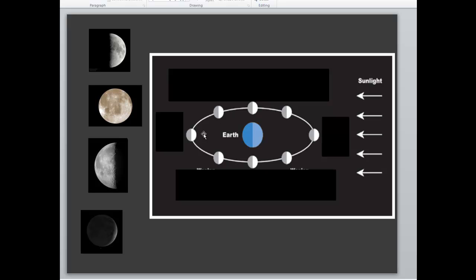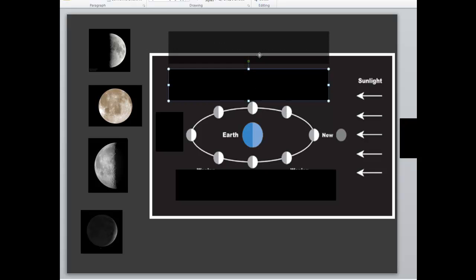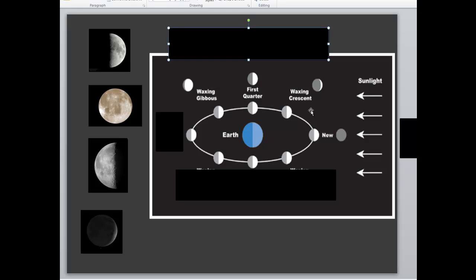So if you think about this as a cycle, and it takes about a month for the cycle to go all the way around the Earth, the cycle begins with what they call the new moon. If you consider this as the starting point, this is the new moon, and then it comes all the way around, and we said this was first quarter. This in-between part they call a waxing crescent.